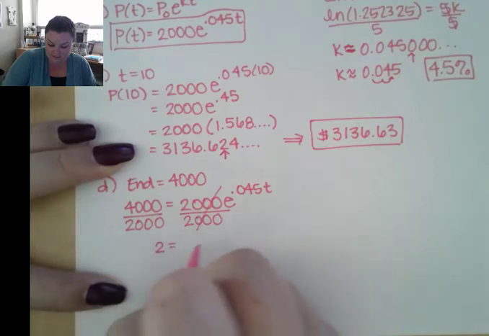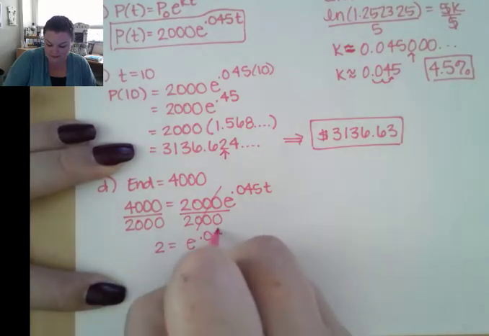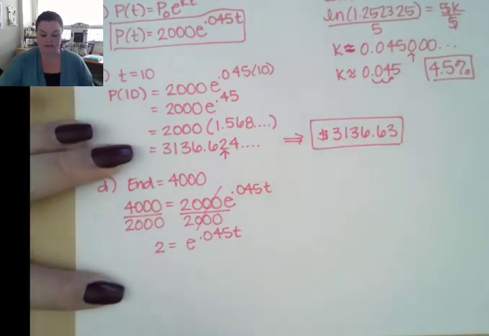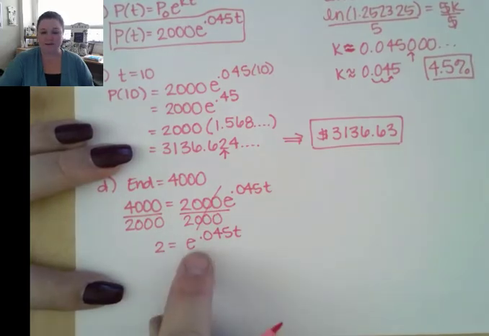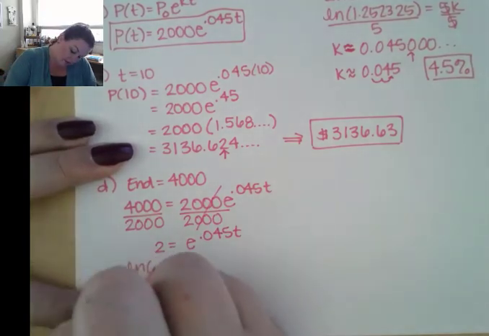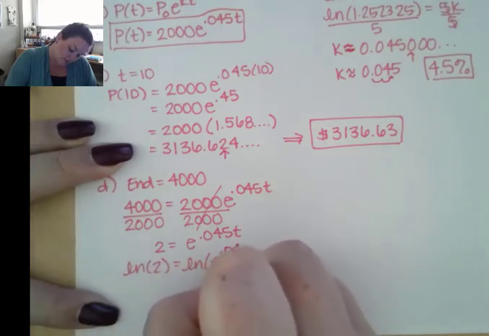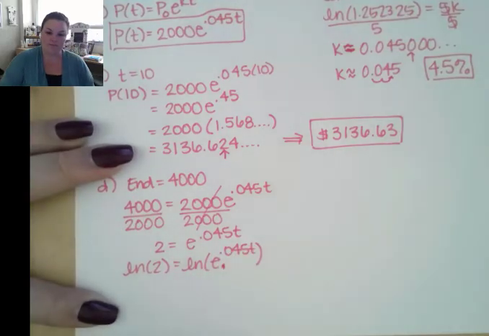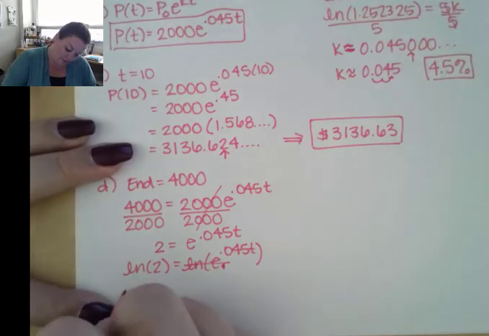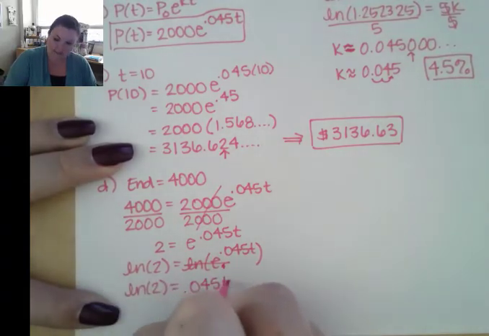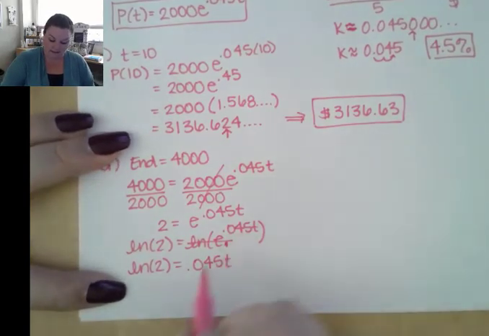That gives me 2 is equal to e to the 0.045 t. And then we take the ln of both sides so we can get rid of that e. So ln of 2 is equal to ln of e to the 0.045 t. So my e and my ln cancel. And we're left with ln of 2 is equal to 0.045 t. And then to get the t by itself, we just divide off the 0.045.